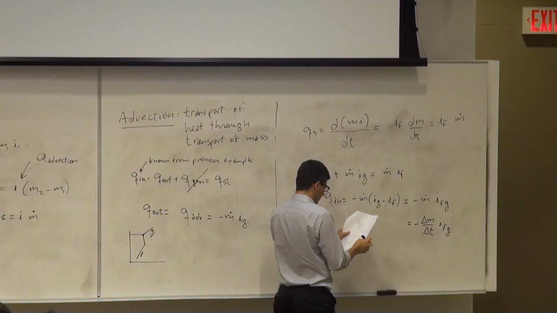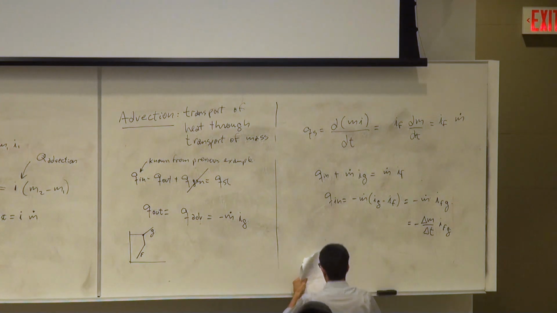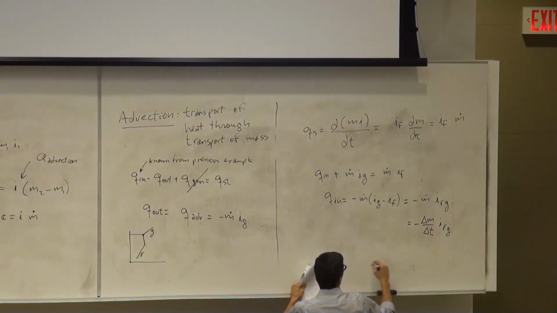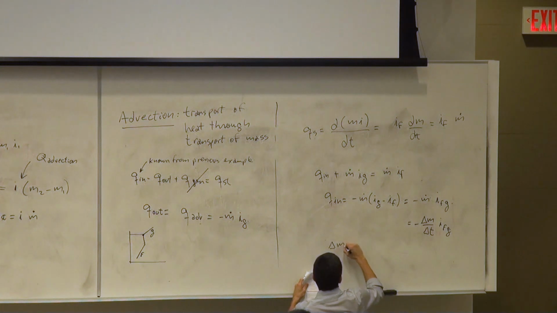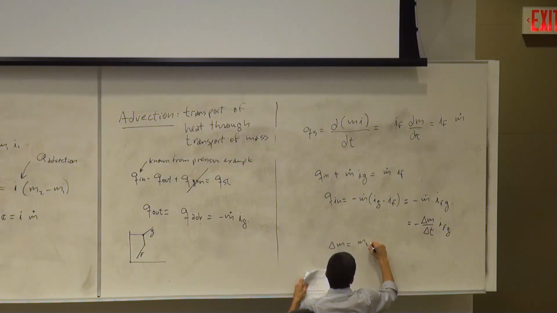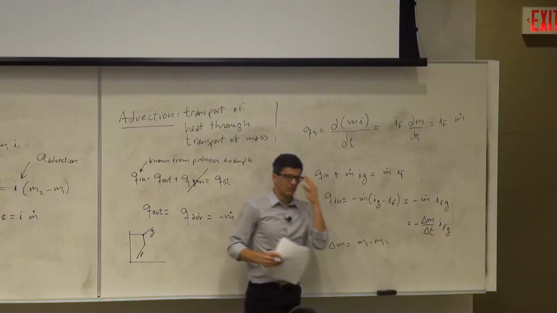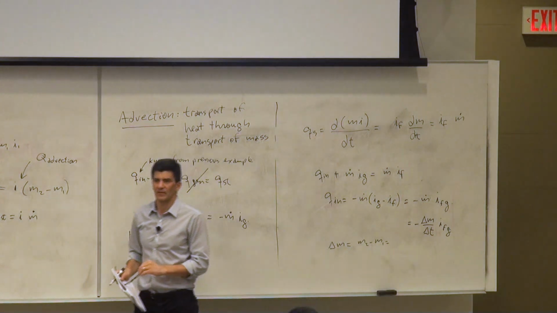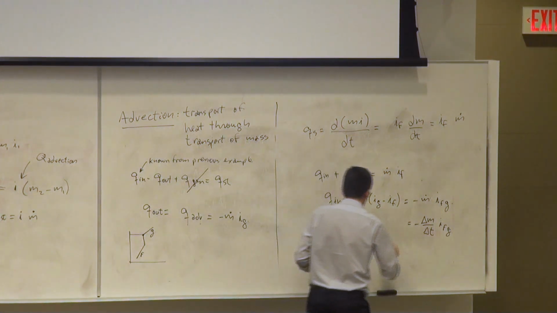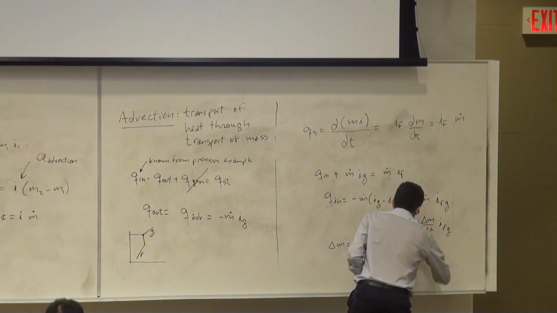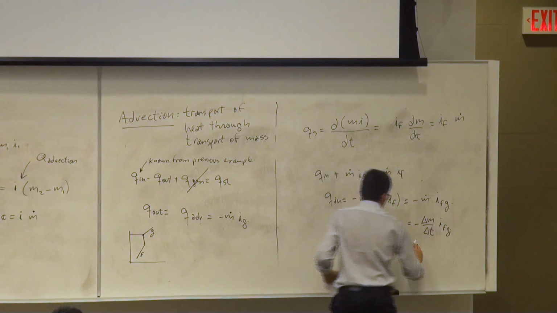So if I were to solve for this here, I would get delta M is M2 minus M1. How much is M2 at the end of this problem? What is M2? 0 is the mass of liquid, right? We have no more. M1 is the original mass that we have.